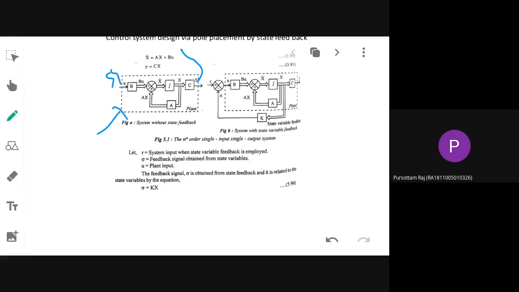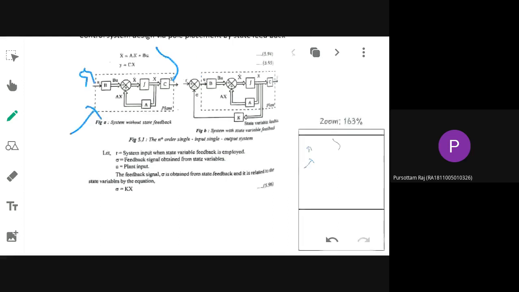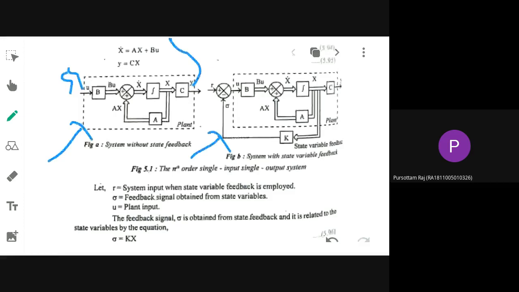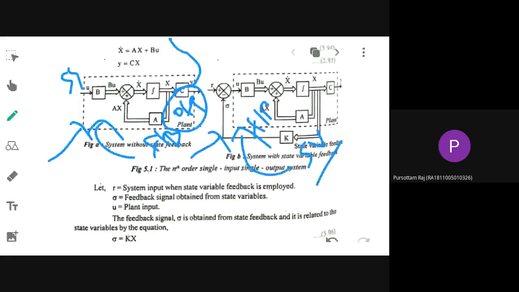That is the conventional approach. But if you see the second diagram, the usual approach is to use the output as the feedback signal. But other than the output signal, the state variables themselves, any inner variable, can also be taken as the feedback element. That is why it is called state space feedback.